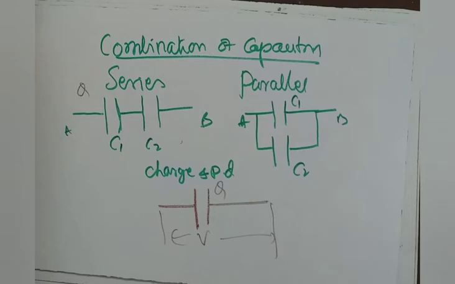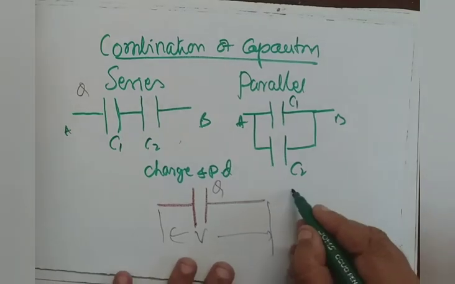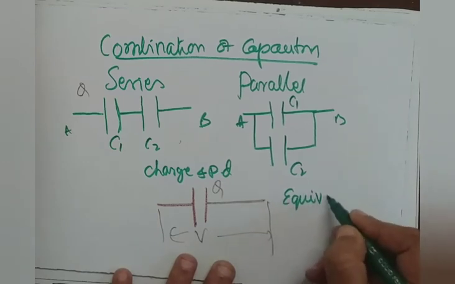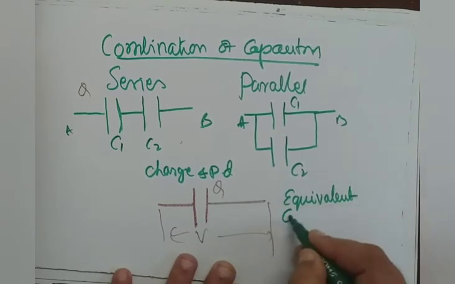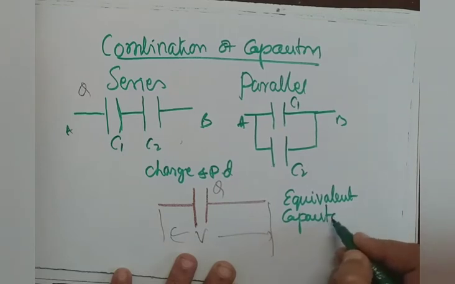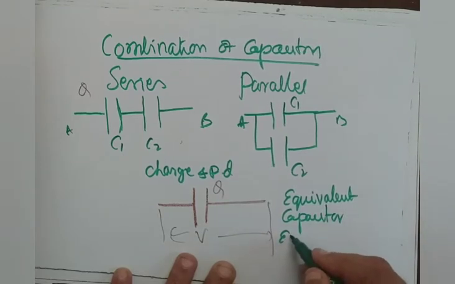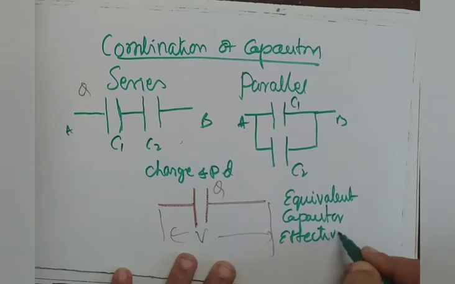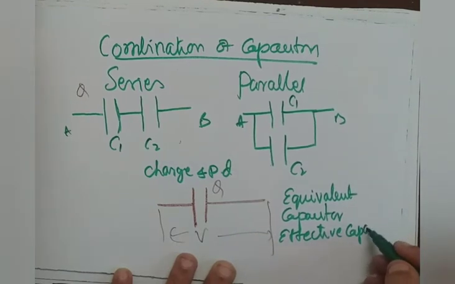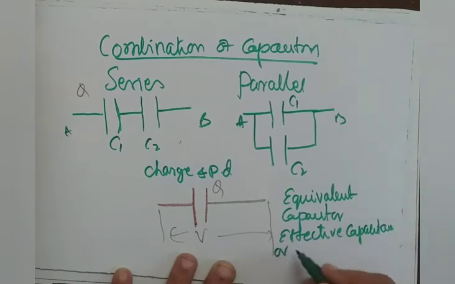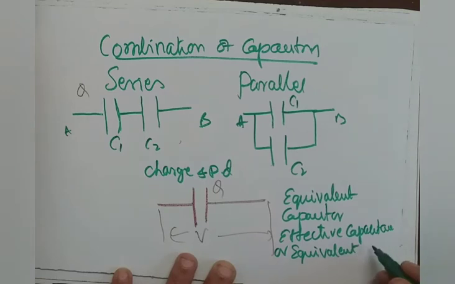That single capacitor is what we call the equivalent capacitor. Equivalent capacitor is the device, and its value is called the effective capacitance or equivalent capacitance.